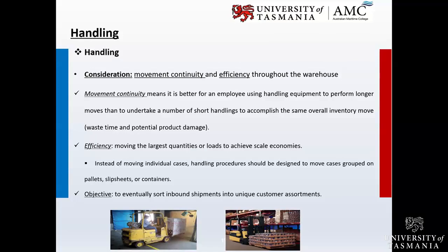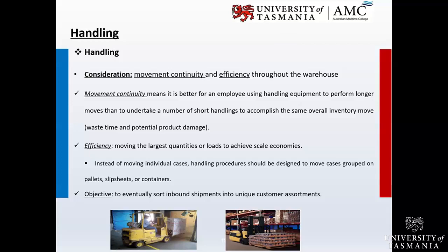The second aspect of warehousing is handling. For the handling aspect, we need to consider movement continuity and efficiency. These are two important points for material handling. First, we look at movement continuity.